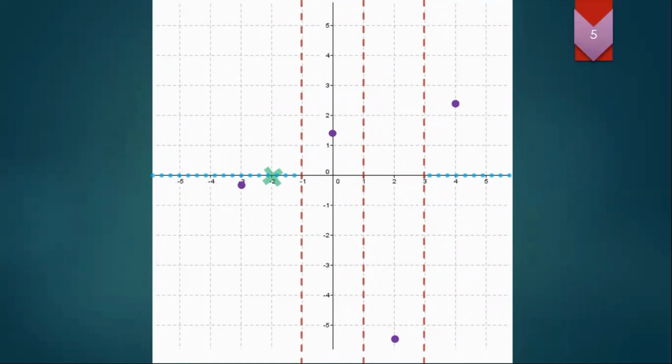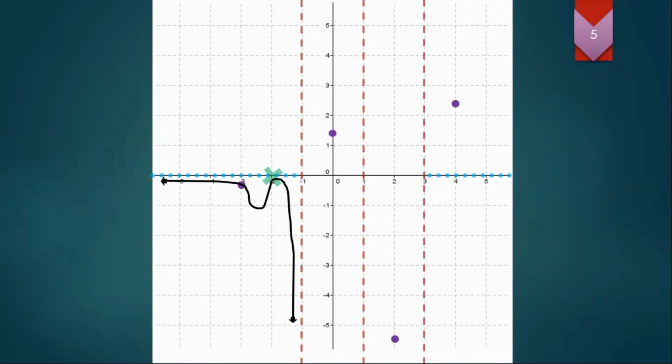I need to go through that purple point, and I need to touch that green X. Next, do not cross the x-axis anywhere, and I cannot cross that red dotted line. So this is a rough sketch. This is the picture I drew. The behavior could be different in between these known pieces of information, but this will suffice.